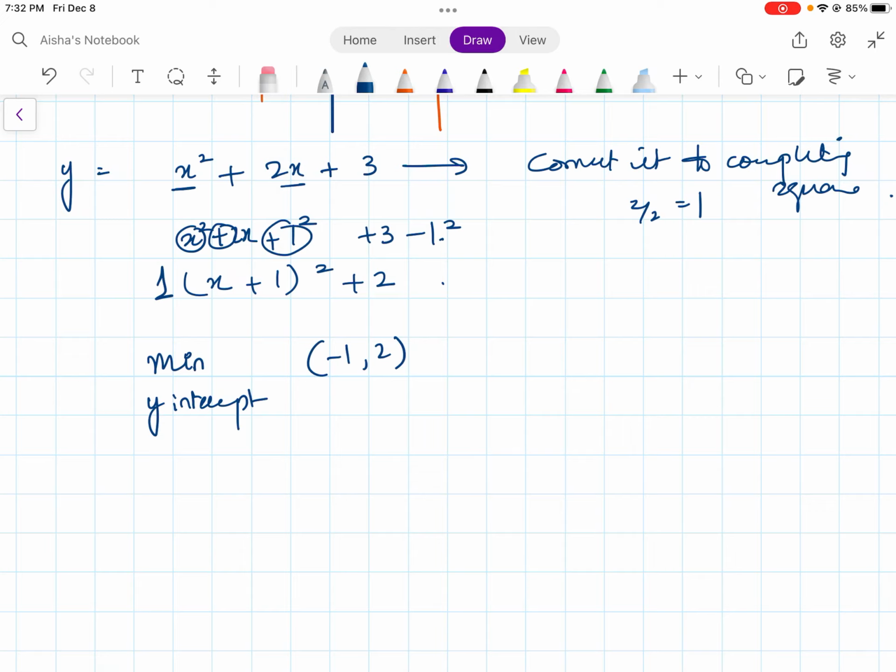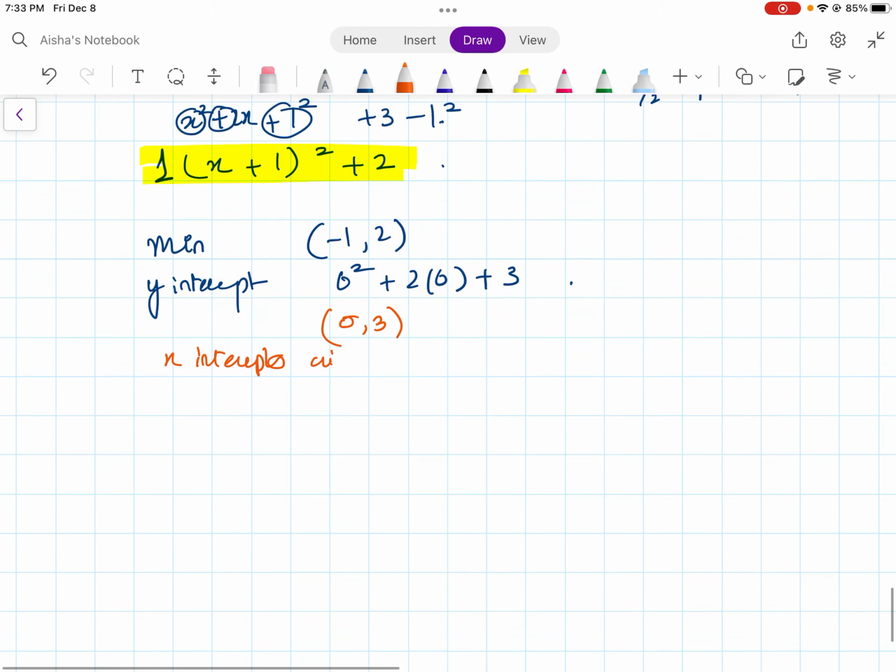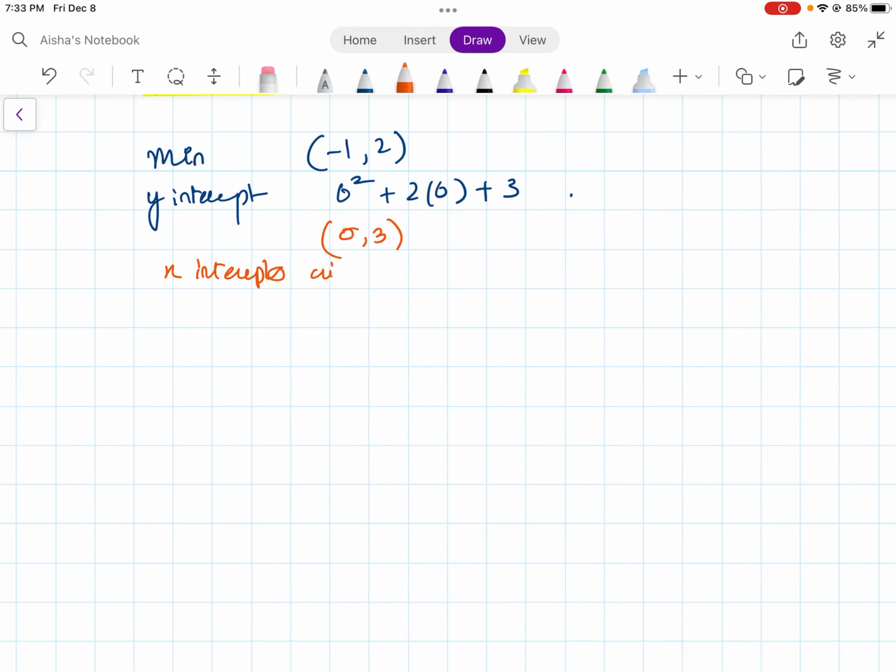y-intercept में जब मैंने x 0 डाला, अब आपके पास दो equations हैं. You can use this or this for calculation purposes, totally your choice. So my y-intercept comes out to be 0 comma 3. Then x-intercepts will not exist. Yes.